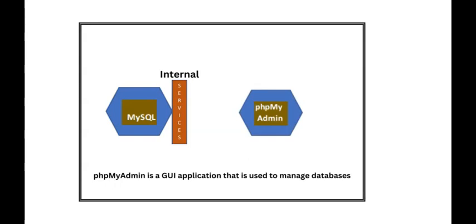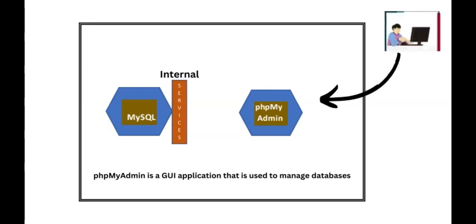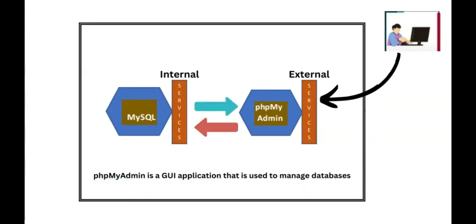And since PHPMyAdmin is front-end and we need to interact with it from the browser, we're going to create an external service for PHPMyAdmin. However, PHPMyAdmin and MySQL will communicate with each other by using the internal service that has been created for MySQL, and then we will create a database from PHPMyAdmin to test the deployment.